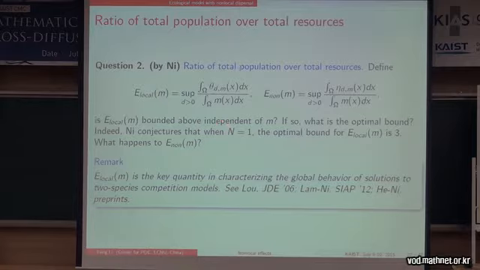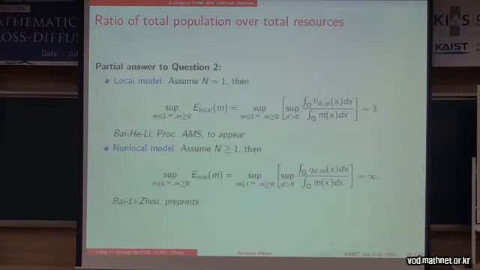This term does play an important role in characterizing the global behavior of solutions to the two-species competition models. Here are also some partial results. For local models, recently my colleagues Xueli Bai, Xiaoqing He, and I verified Ni's conjecture. It's true that the optimal bound is 3.